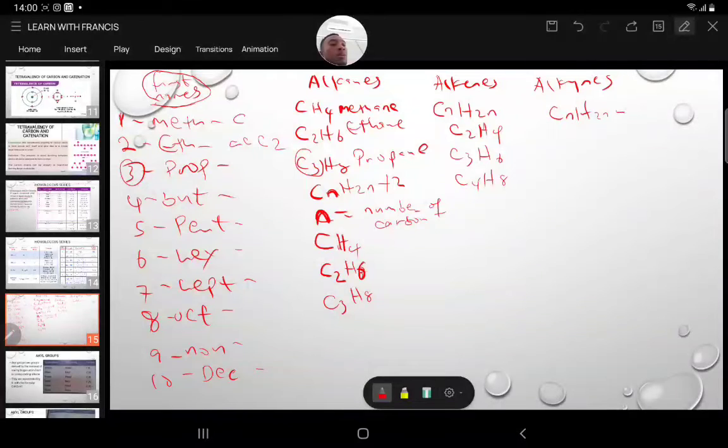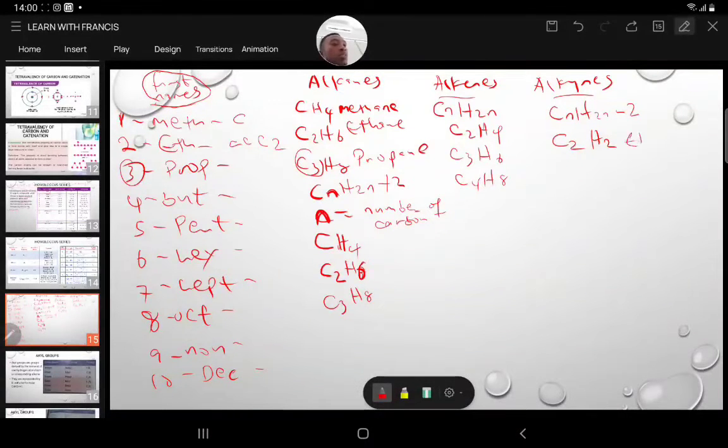CnH2n minus 2. So you have C, there is no carbon 1. Remember I said there is nothing like the first member. Ethyne is where it starts, from carbon 2. So you can have C2. How do you approach your H? Because n here is 2, so you have 2 times 2, 4. 4 minus 2 is 2.